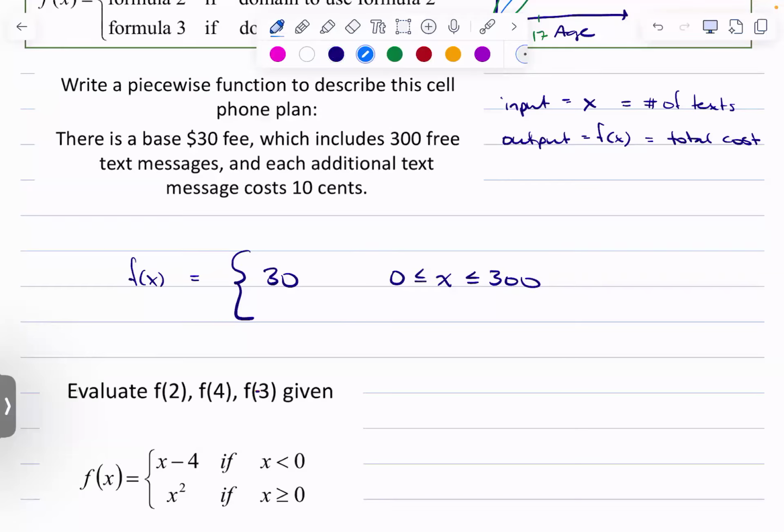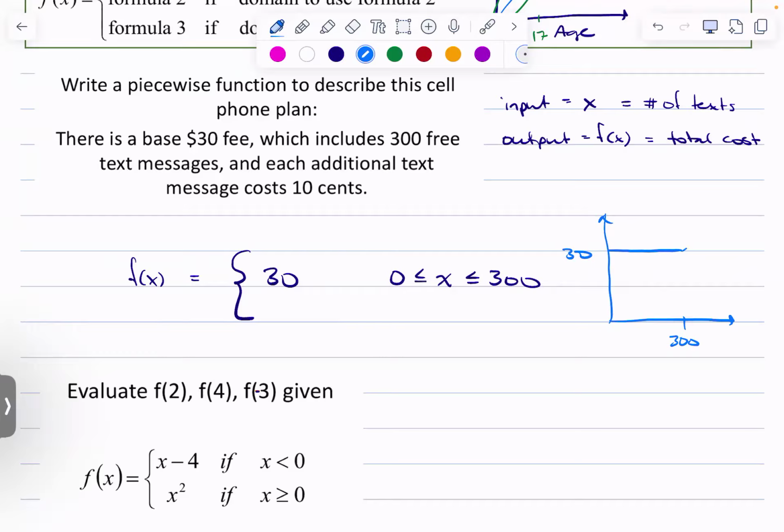And what this is going to look like in terms of a graph is that for up to 300, we have this horizontal line. The cost is just constantly 30. And then after 300, what happens?